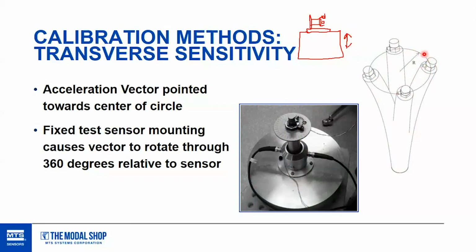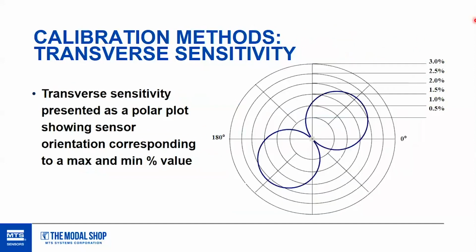So what you get is transverse input into this accelerometer through 360 degrees of motion around that sensor. And the output that you see from these guys looks like this.